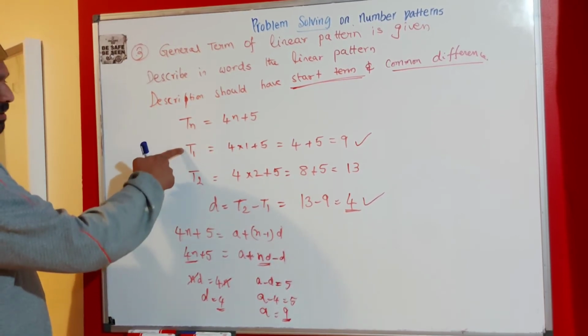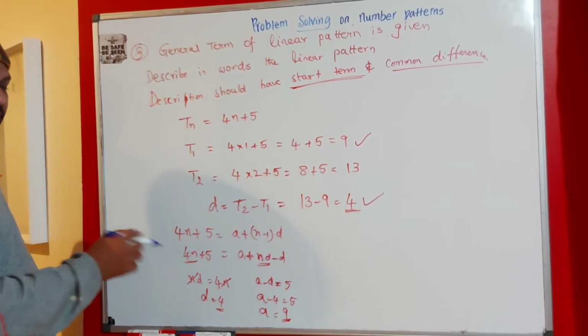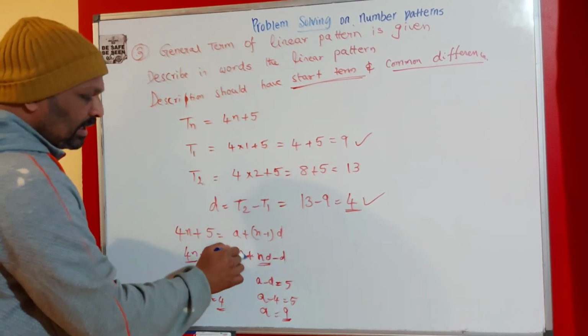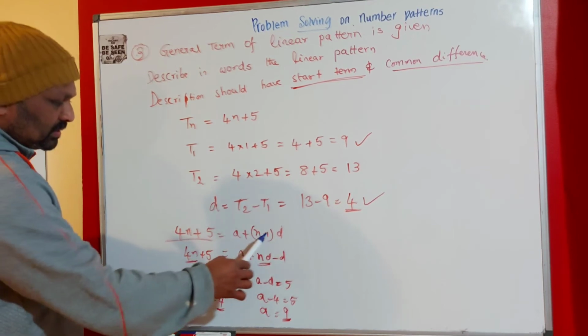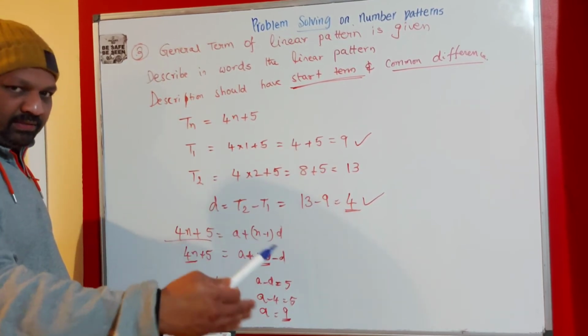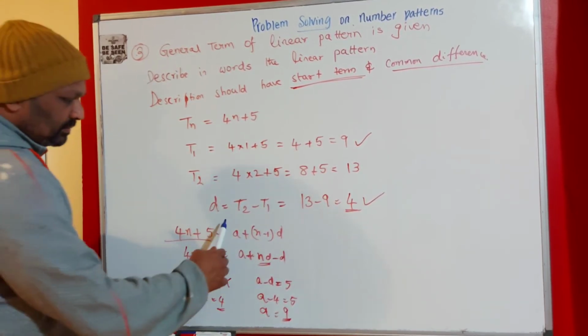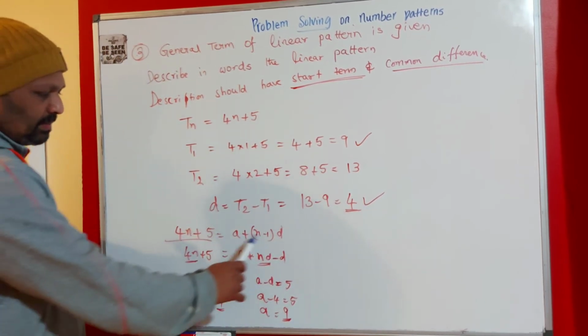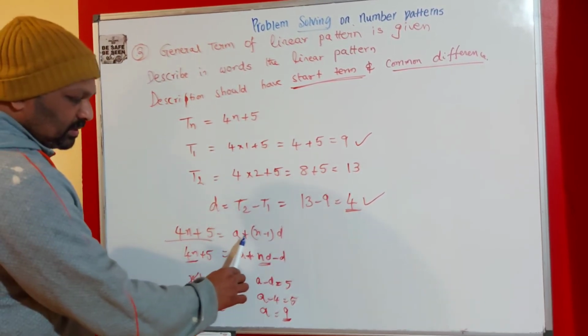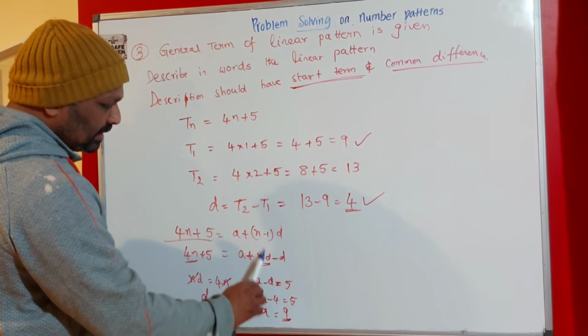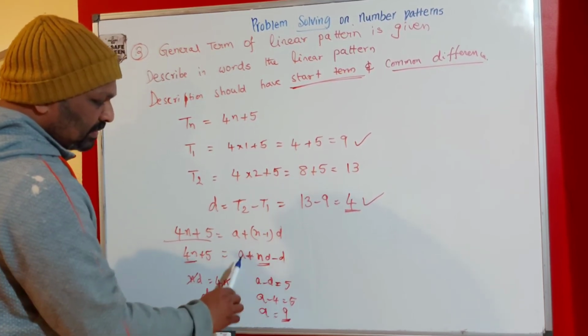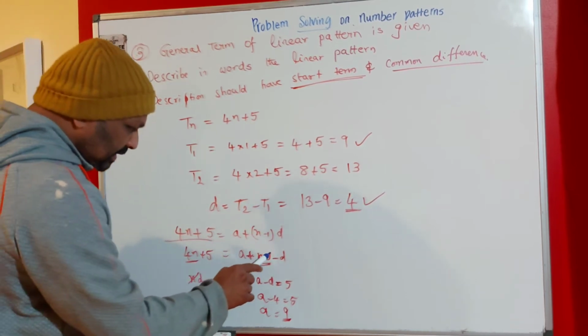Without finding T1 and T2, we found a and d. How? We equated this to the general term of any arithmetic progression, which is a plus (n minus 1) into d. Simplifying this whole expression gives a plus nd minus d. This is the term which has n.